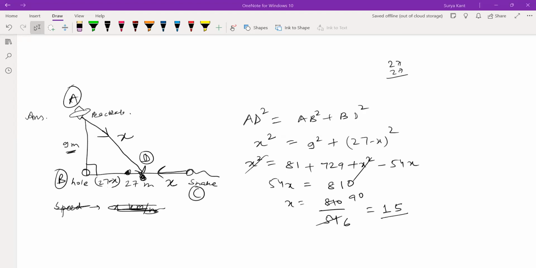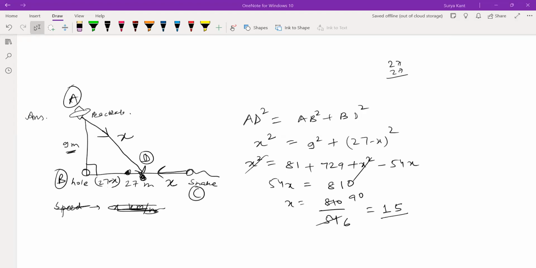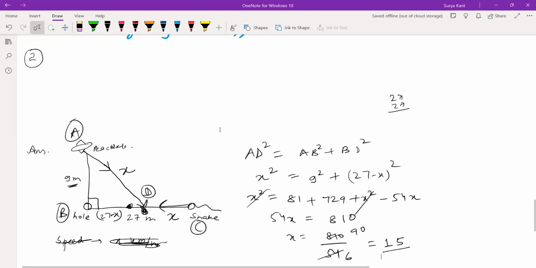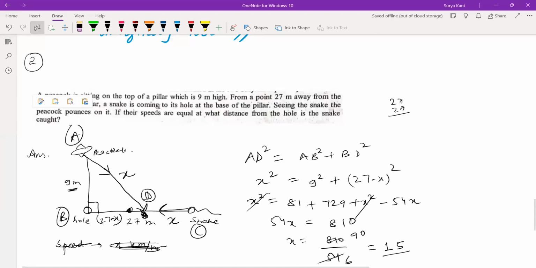You understood this much, Dhananjay, what I just wrote over here? Yes, sir. Till now I understand. Okay. And this question I'm pasting over here. So this is the question, children. Try to understand.